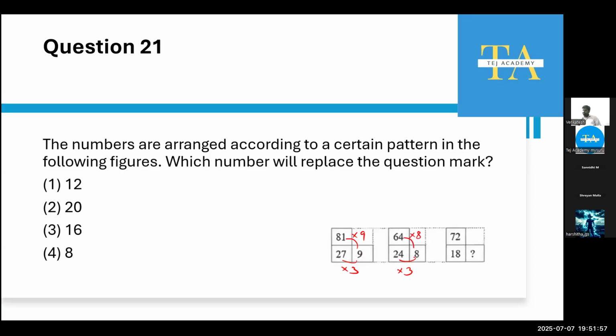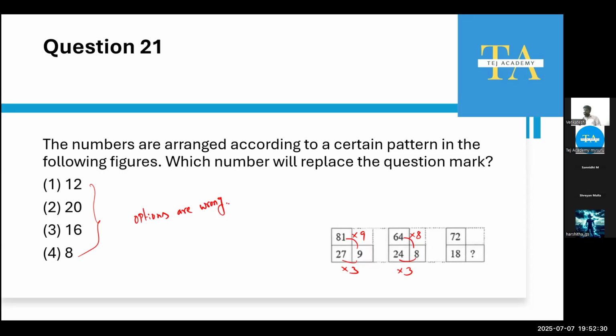Here the number is missing. So 72 and 18, but no option is matching here. Maybe the question or options are given wrong.